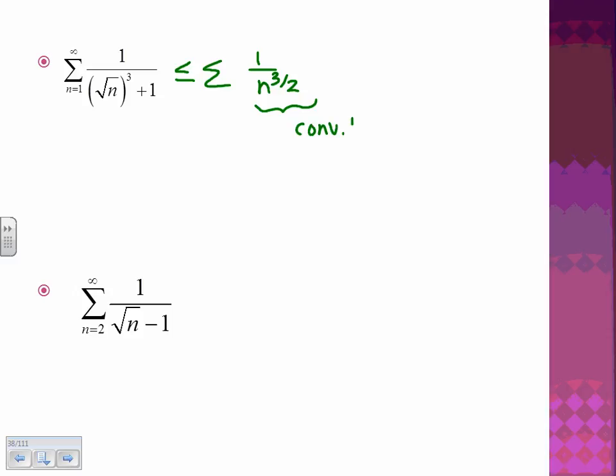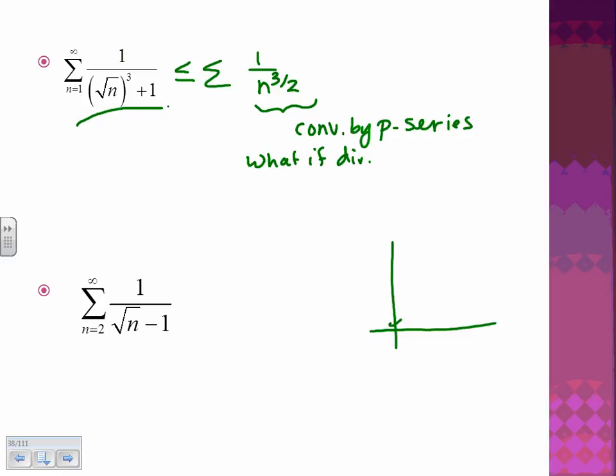Converges by what? P series. What if this diverged? Do you know anything about this one? No. Okay? So it'd be like saying, hey, this bigger guy diverges. Well, this guy's like, sweet, I could go this way or I could go this way. I've got lots of options, right? So we still don't know what a sub n would do.